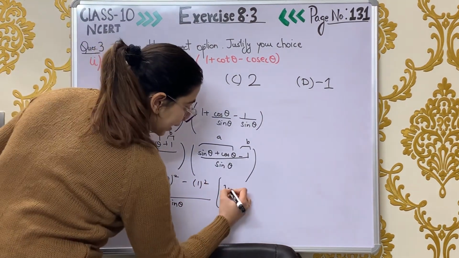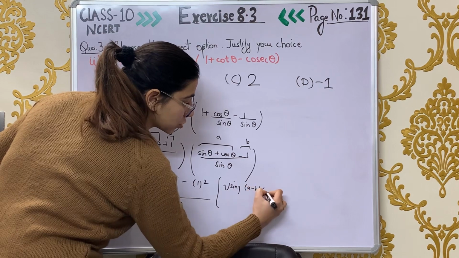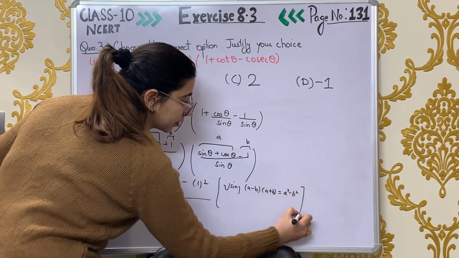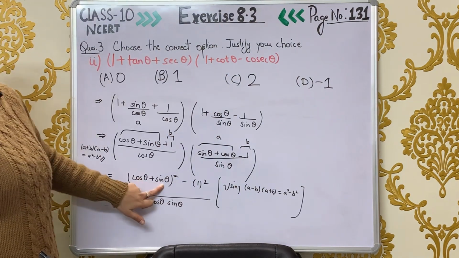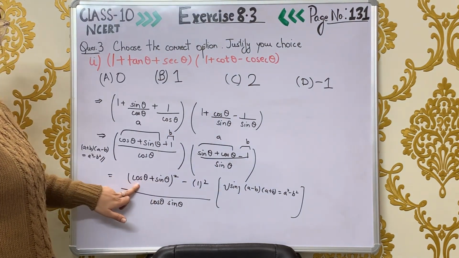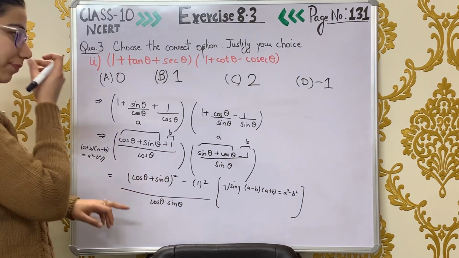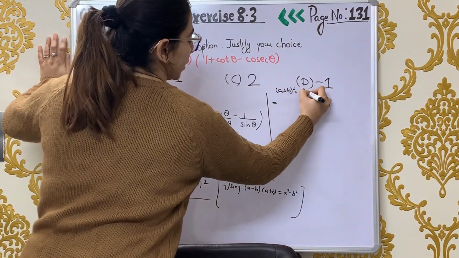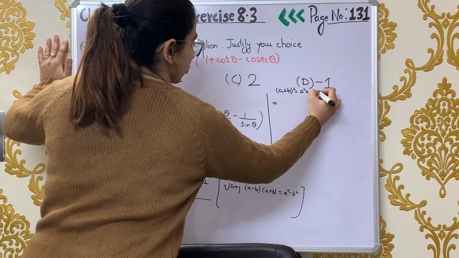We will write it here using a minus b into a plus b gives us a square minus b square. It is a plus b whole square, where a is cos theta and b is sin theta. A plus b whole square is equal to a square plus b square plus 2ab.